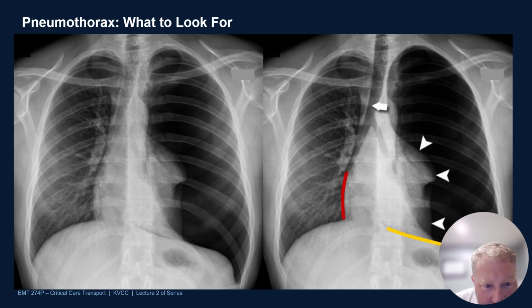It's always hard to see on these things, but actually I cannot even see the carina on this, which is okay. But notice the difference in the left lung versus the right. The right's got some parahilar streaking here, maybe even some air bronchograms. But the left is just air. So big old pneumo on the left.